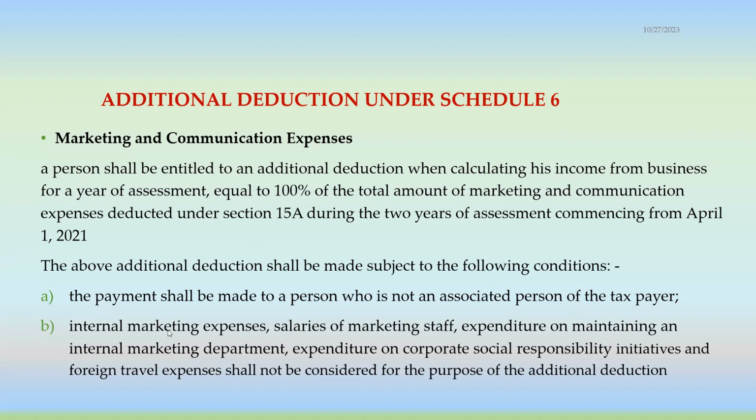The next condition is internal marketing expenses of marketing staff, expenditure on maintaining an internal marketing department, expenditure on corporate social responsibility initiatives, and foreign travel expenses shall not be considered for the purpose of the additional deduction.